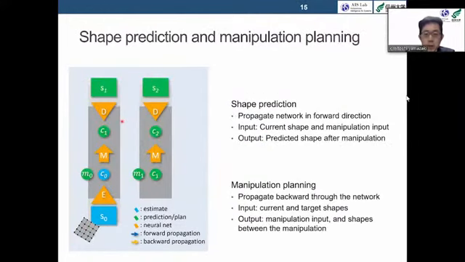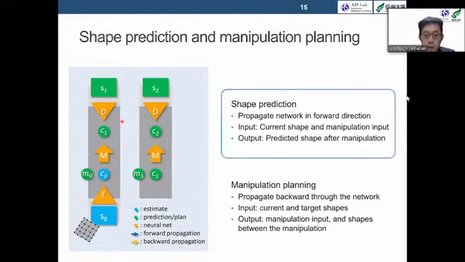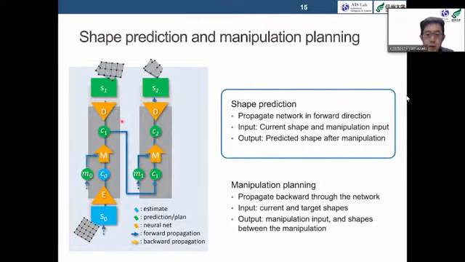EMDNet has 2 functions, shape prediction and manipulation planning. Shape prediction is performed by propagating the network in the forward direction. The predicted shape after manipulation is obtained as a mesh representation, like this.